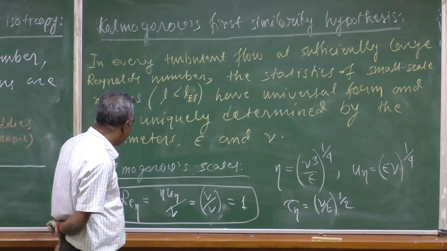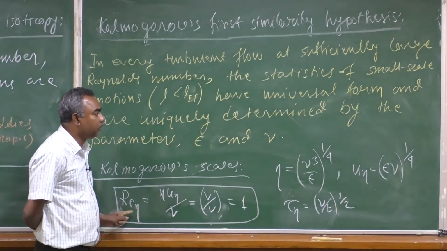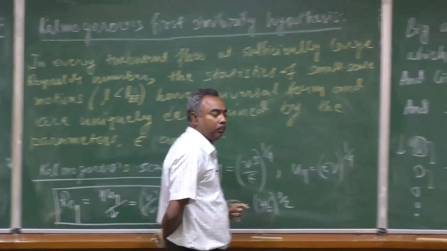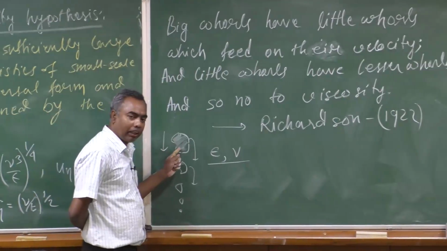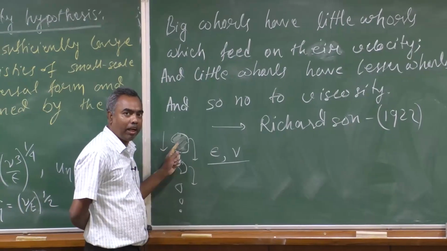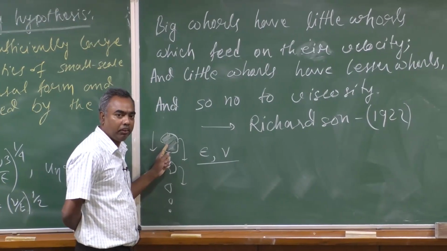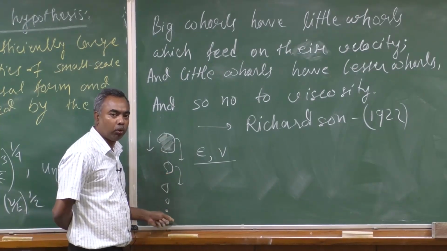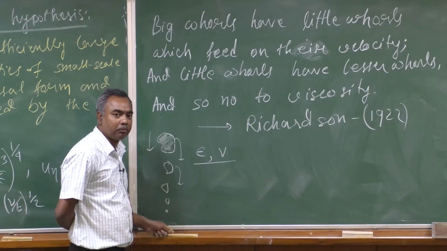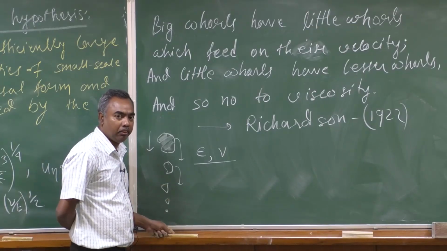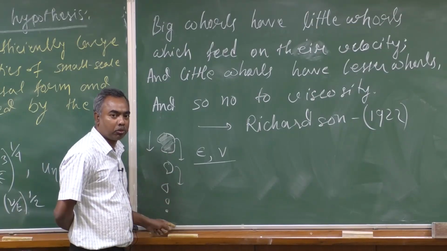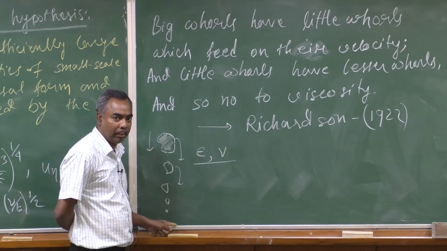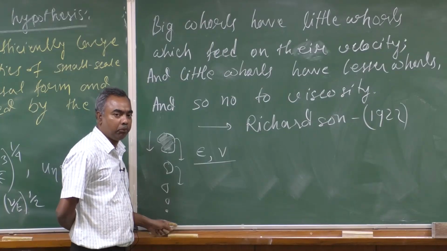Let us first discuss this identity. What was the Richardson idea? That larger scales will have large Reynolds number, and they will be prone to instability, they will break into smaller ones and so on, down to viscosity. So, in this cascading process, as you go to smaller and smaller scales, your Reynolds number is also reducing, because the scale is becoming smaller. If Reynolds number is reducing, what does it mean?